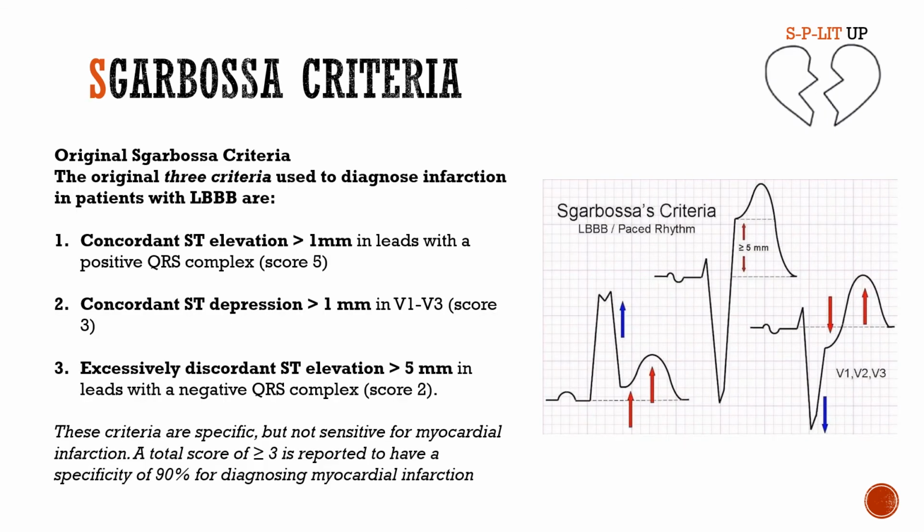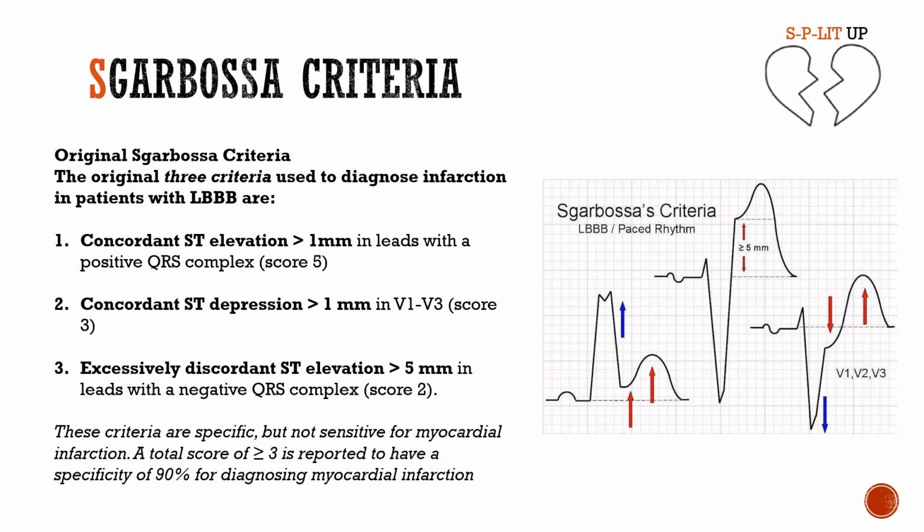Now, there's three components to this criteria, the first of which is concordant ST elevation greater than 1 millimeter in leads with a positive QRS. Second, concordant ST depression greater than 1 millimeter in V1, V2, and V3.